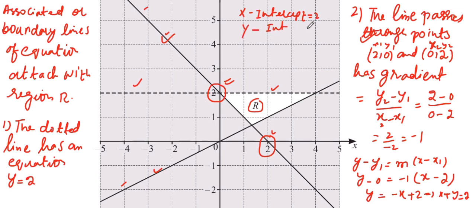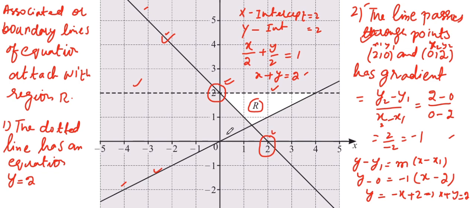When we are given both x and y intercepts, the simple formula to find the equation is x over 2 plus y over 2. The number in the denominator of x represents the x-intercept and the number in the denominator of y represents the y-intercept. So this is the simple formula to find the equation rather than this long method. From here we have the equation x plus y is equal to 2. This is a very easy method.